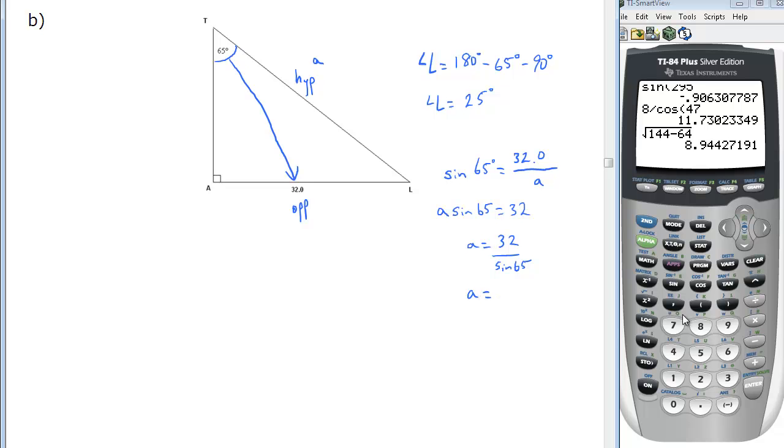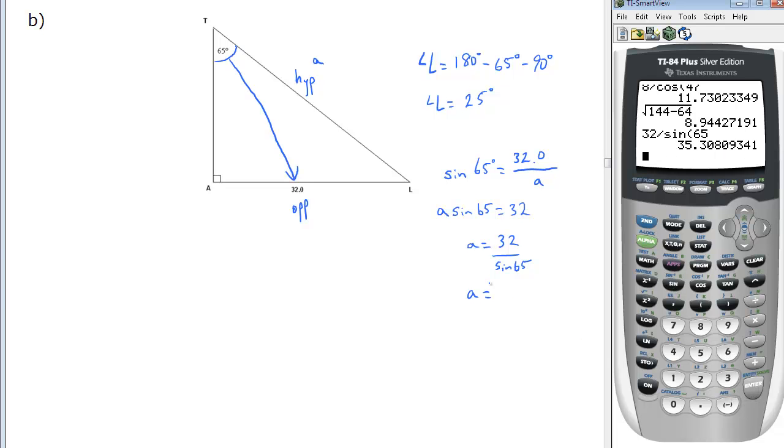Moving to our calculator then, 32 over the sine of 65, and we'll use three significant digits. That's 35.3. We know two sides. We can use Pythagorean theorem to solve the third side. So this is L over here, lowercase l.